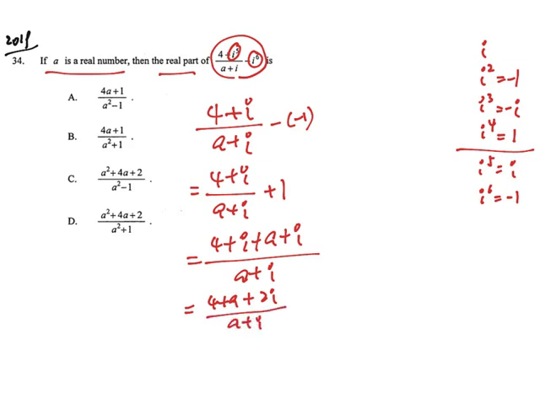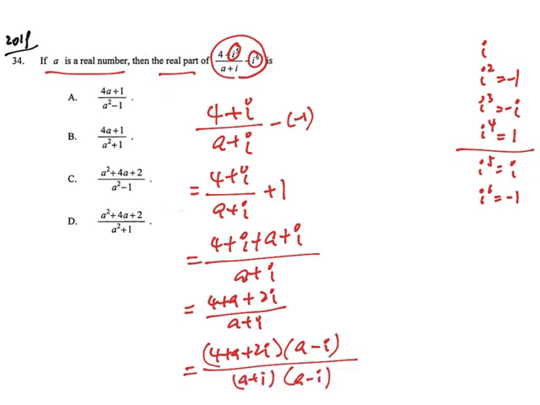Next, because we don't like the denominator with i, we need to multiply by the conjugate. So we multiply by (a minus i), so (a plus i) times (a minus i).